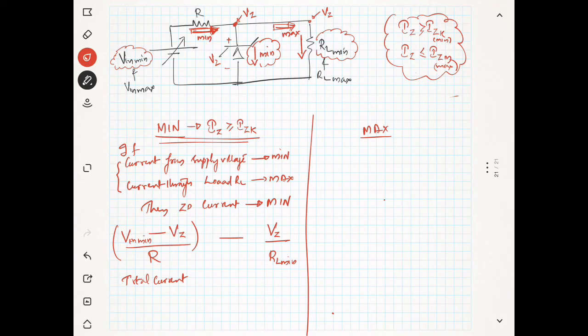Then that will be the current Iz, which is the minimum Iz through the Zener diode. Okay, now I will write it here itself.